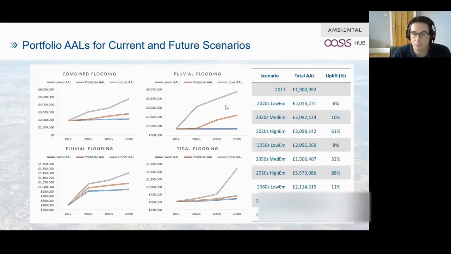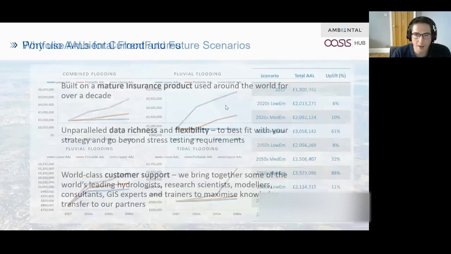Because ultimately this is an uncertain thing, and we're trying to build as much knowledge around what might be as possible. So final slide, and I'll leave it there.